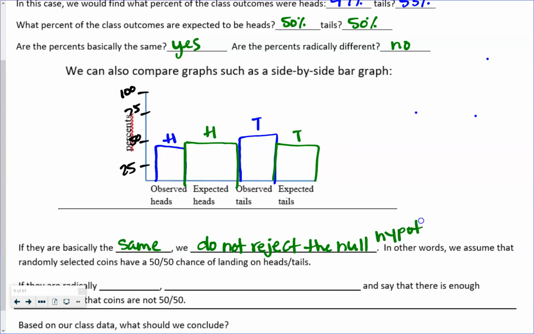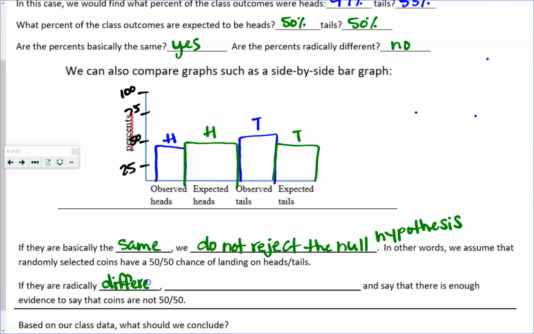Okay, so if they're basically the same, we are not going to reject the null hypothesis, because we don't have enough evidence to do so. In other words, we're going to assume that randomly selected coins have a 50-50 chance of landing on heads and tails.